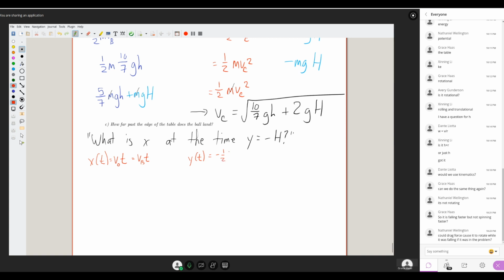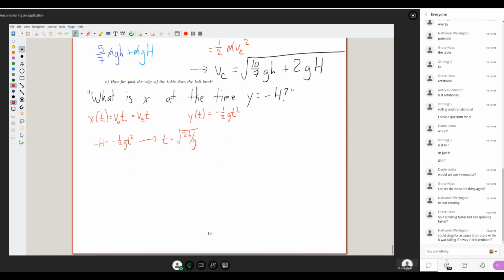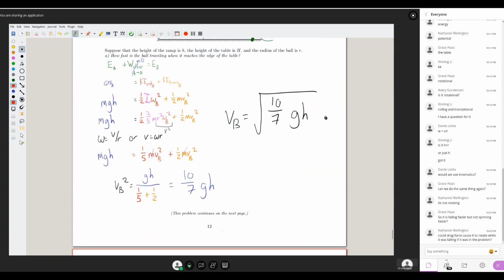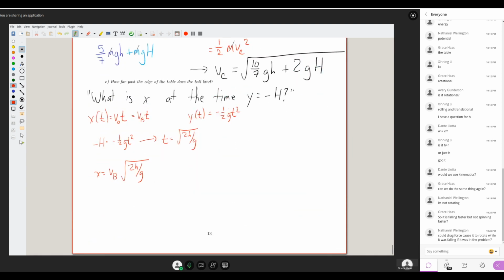So minus h equals minus 1/2 g t squared. Then t is equal to the square root of 2h over g. And that means x is equal to vb times the square root of 2h over g. Well, vb was the square root of 10/7 gh.